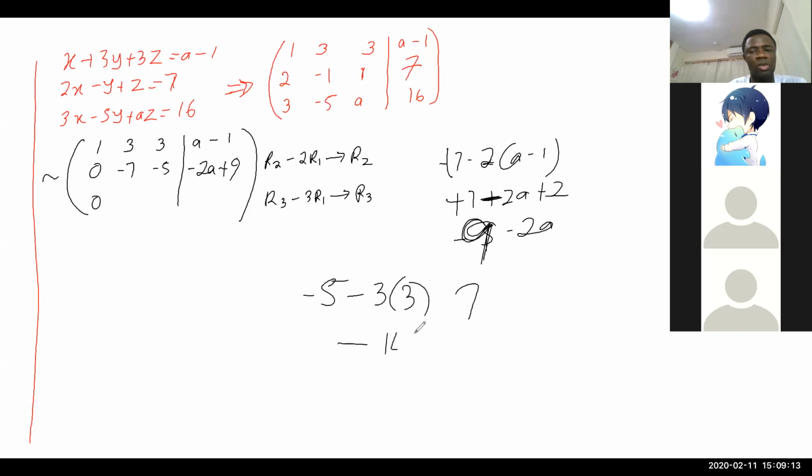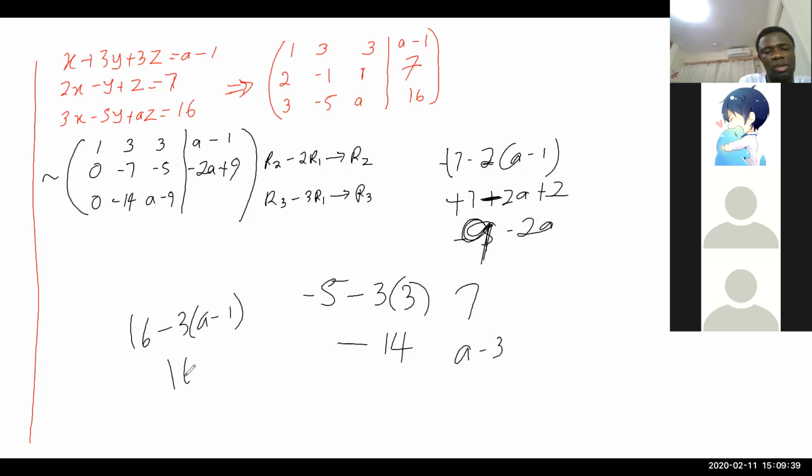Is this negative 14? Let's confirm. Okay, then a minus 3 times 3 is a minus 9. And 16 minus 3 times a minus 1. 16 minus 3a plus 3. 19 minus 3a.